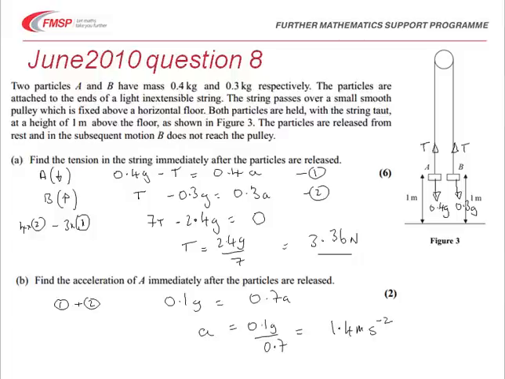The marking for these two parts of the question was to give an M and an A mark, method and accuracy mark, for each of these two equations.